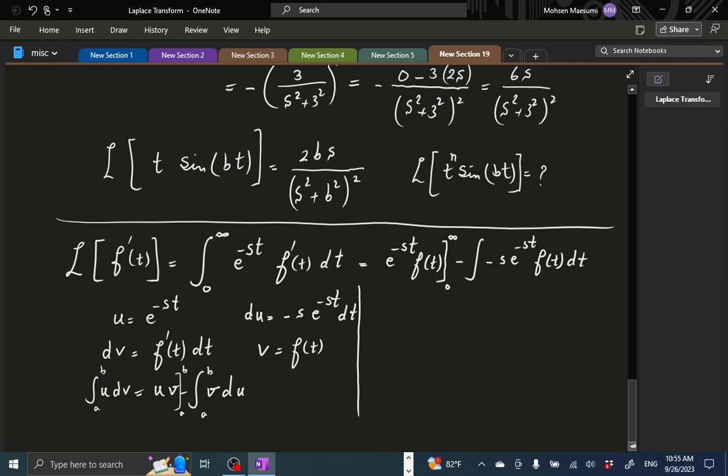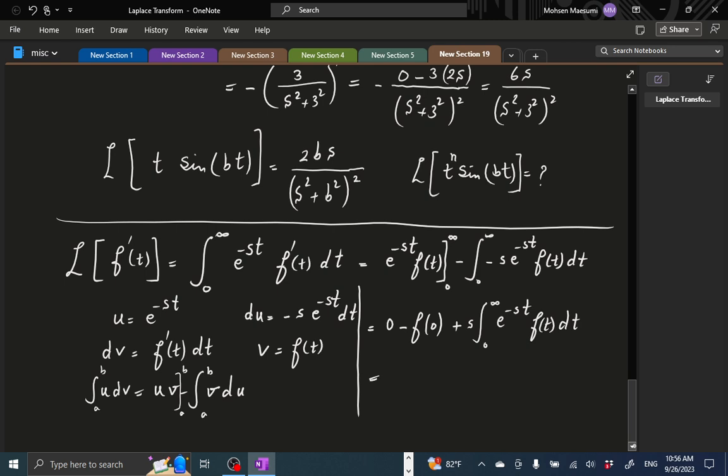Okay, let me separate these things. So at infinity, with s being positive, exponential of minus st, we expect that to overcome f of t and make it into 0. So I'll have a 0. At 0, exponential of 0 is 1, and that's just going to be f of 0. Here I have minus, minus is plus. I pull the s outside: s times the integral from 0 to infinity of exponential of minus st f of t dt.